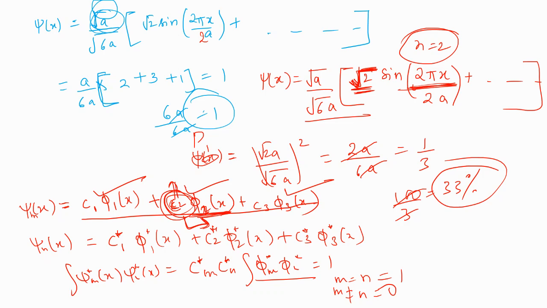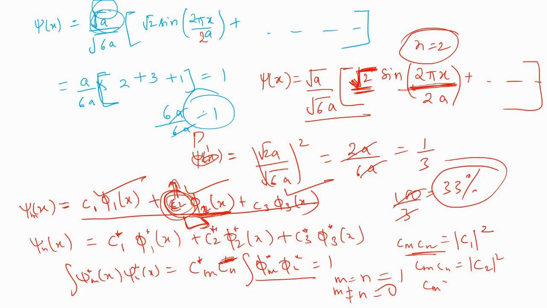So do it the same way. When m is equals to n is equals to 1, suppose, you get c1 square. If m is equals to n is equals to 2, then it is equals to c2 square.